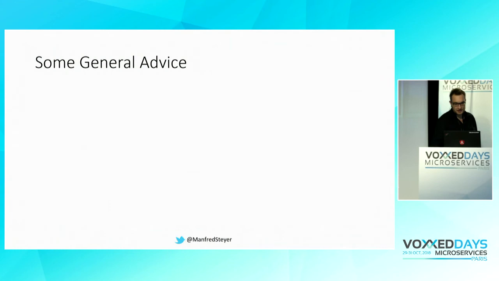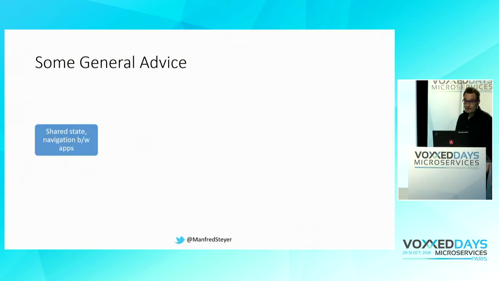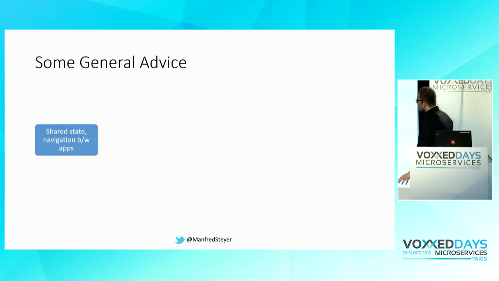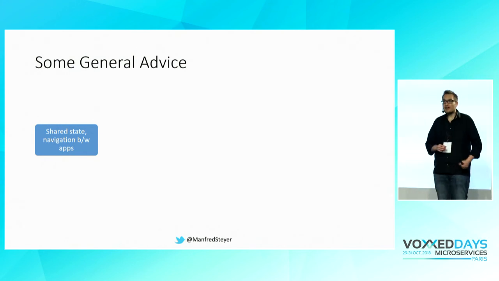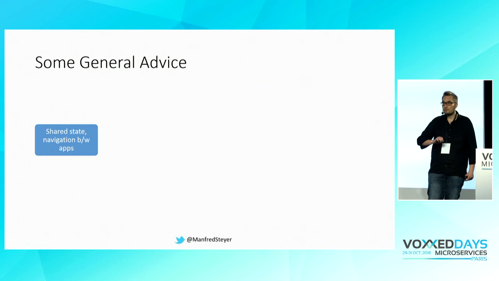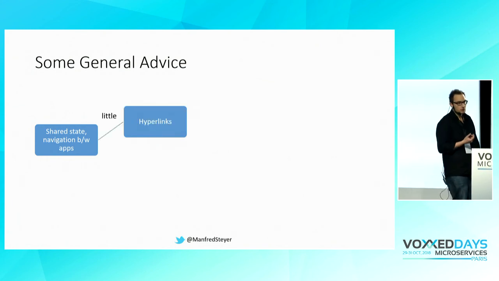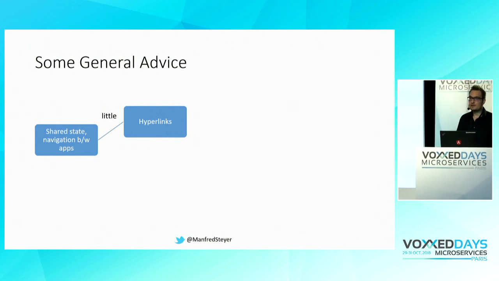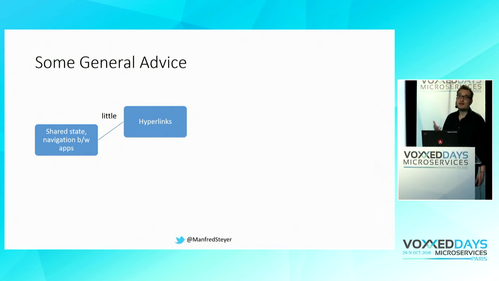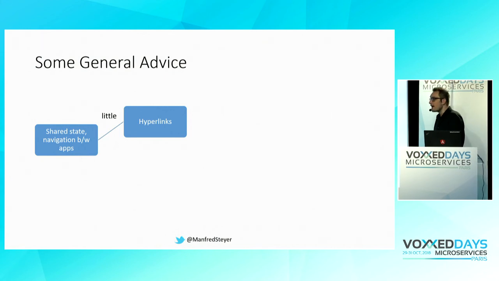Let's have a look at this decision tree. The first question I would ask you is, do you have shared state? And do the users navigate a lot between the apps? And when you say no, I don't have a lot of shared state, and when you say no, they don't navigate a lot between the apps, then try to go with hyperlinks.